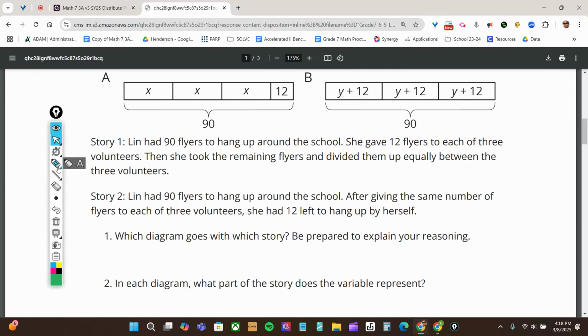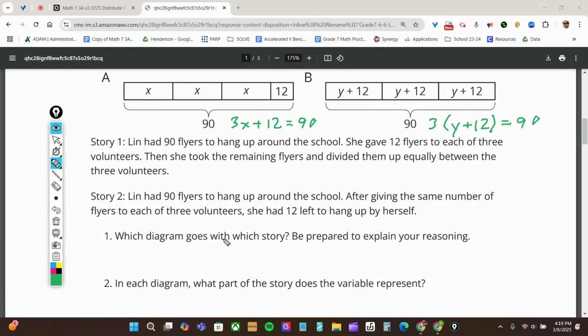Which one goes with? Let's do 1 and 2. So I'm gonna pause for a moment and let you do that. All right, so diagram A was 3x plus 12 equals 90, and this was 3 quantity y plus 12 equals 90.